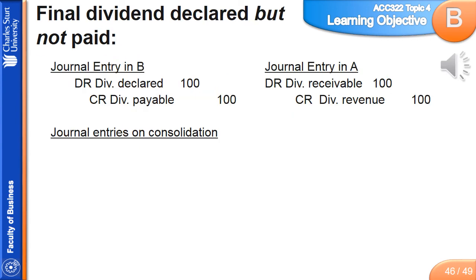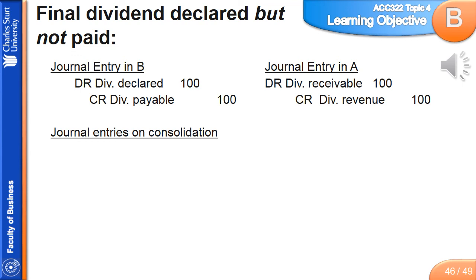So in the subsidiary B's accounts we have a debit to dividend declared and a credit to dividend payable. So that's recording that the dividend's ready to go. And then on A, the parent side, we've got a dividend receivable and a dividend revenue credit there of 100 on the other side.